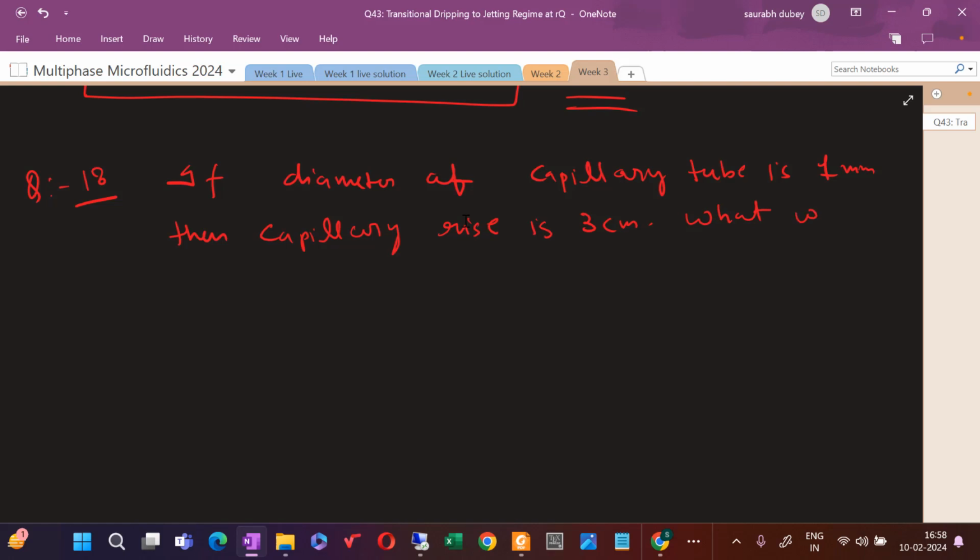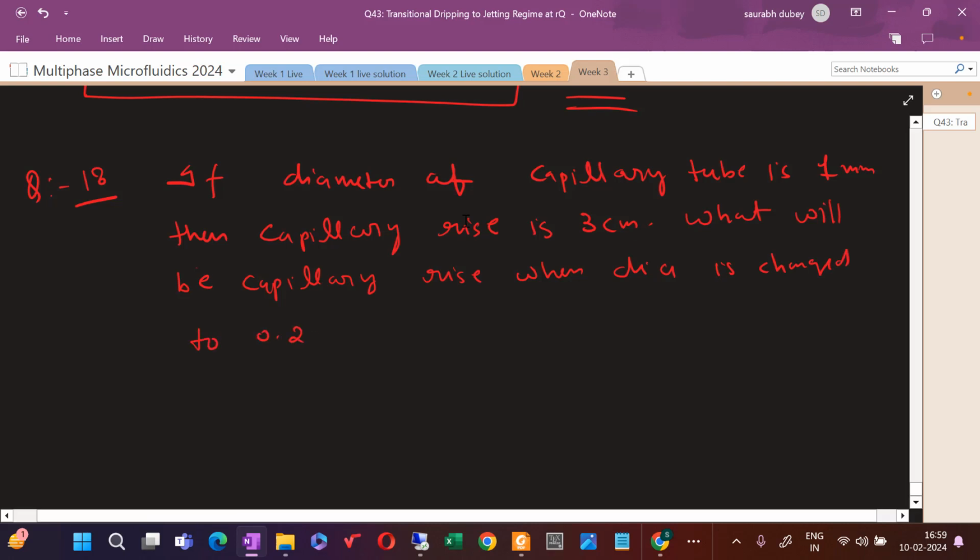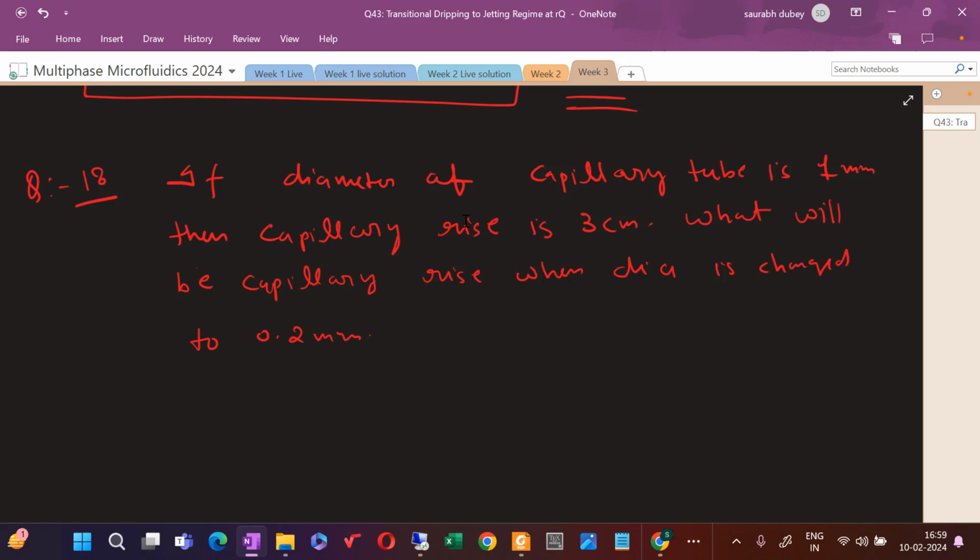What will be the capillary rise when the diameter is changed to 0.2 mm? So what will be the capillary rise?